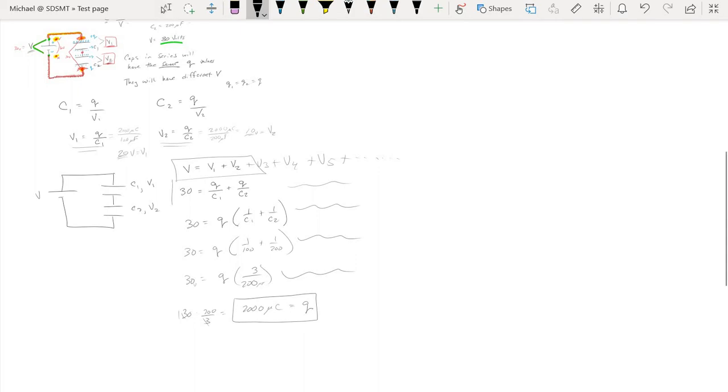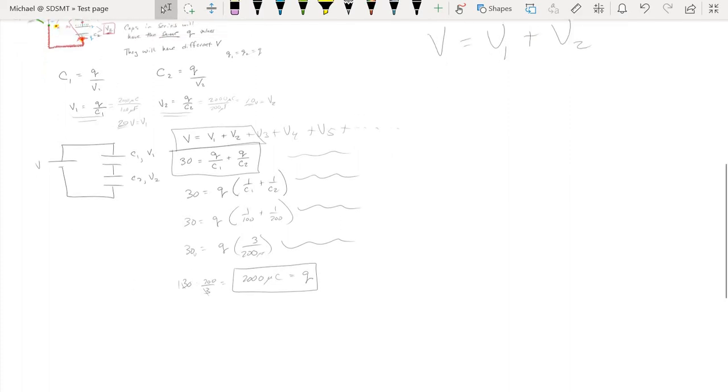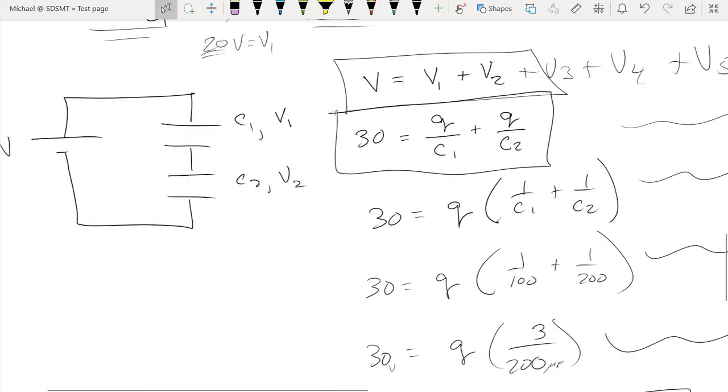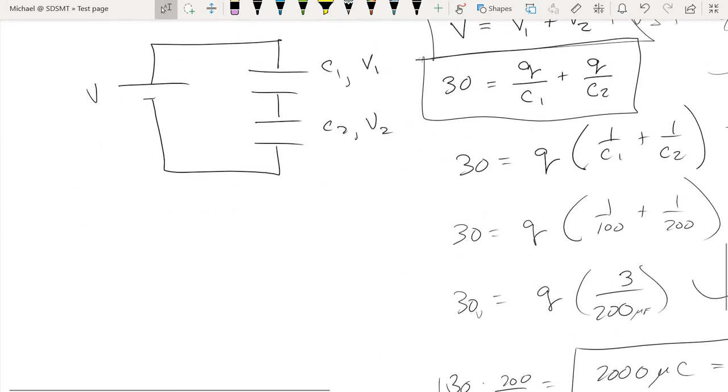Right about here, I want to make a slight alteration to the approach in the math. So we have our voltage summation expression here. And what I would like to do is see if there is an alternative to using the 2 capacitors.